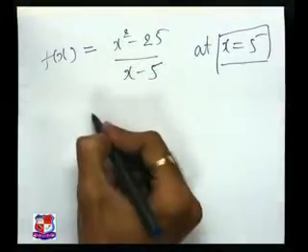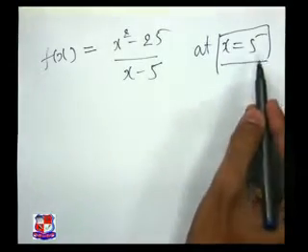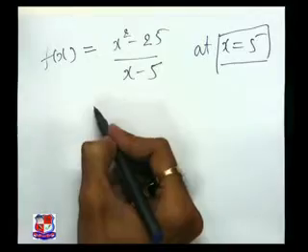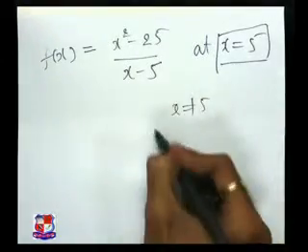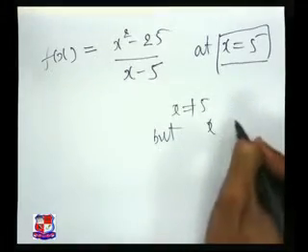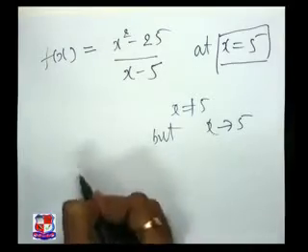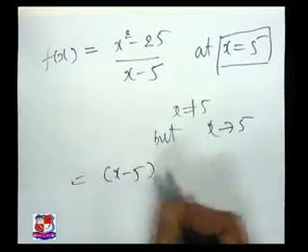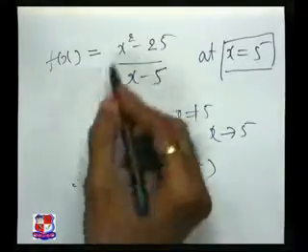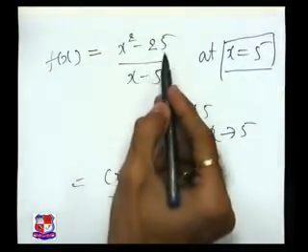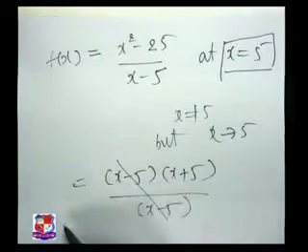That means when we take the value of x nearer to 5, not equal to 5, but x tends to 5, then x square minus 25 is equal to x minus 5 into x plus 5 upon x minus 5, and this will cancel.